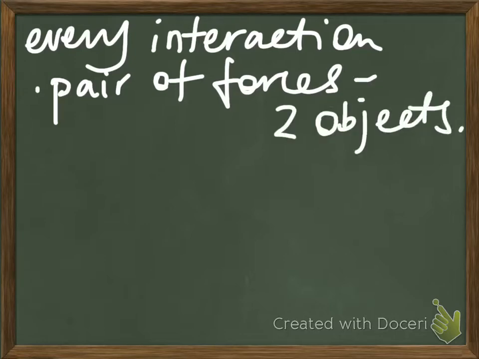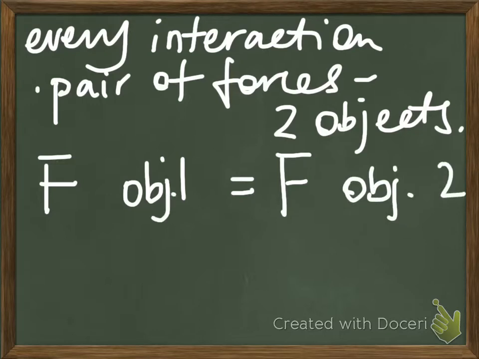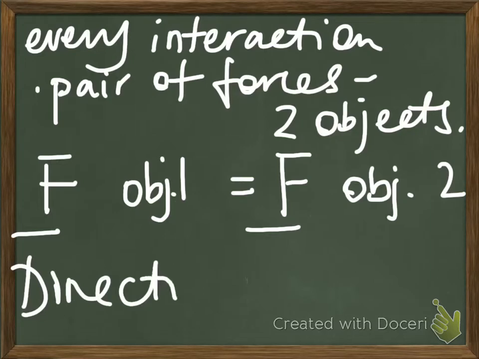Now, the size of the force on object 1 is the same as the size of the force on object 2. They're always equal. So the F's are always the same, but the direction is opposite.